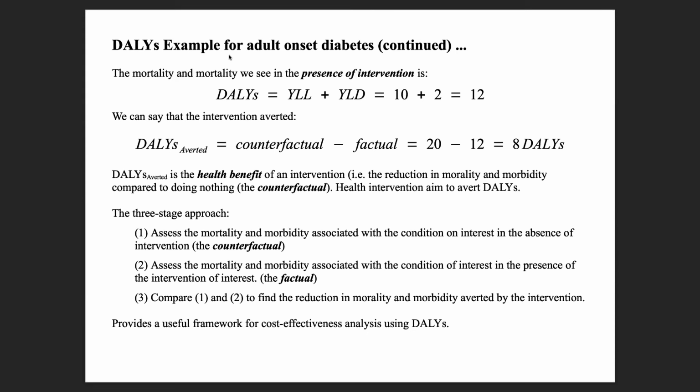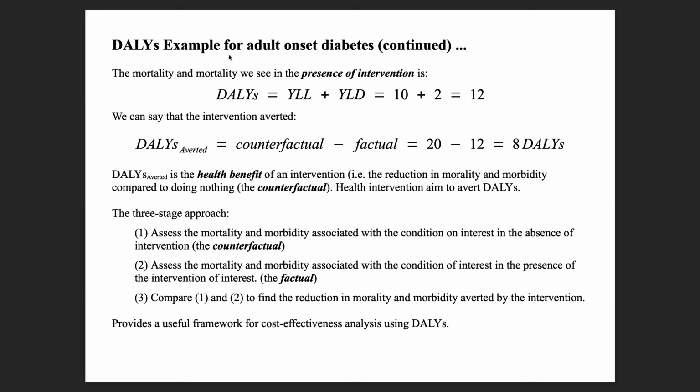So that's the mortality and morbidity we see in the presence of the intervention. This is the factual. This is what happens when we intervene. And when we do that, it's 10 years of life lost plus 2 years of living with disability. So the DALYs associated with this is 10. No, it's 12, sorry, 10 plus 2 is 12.